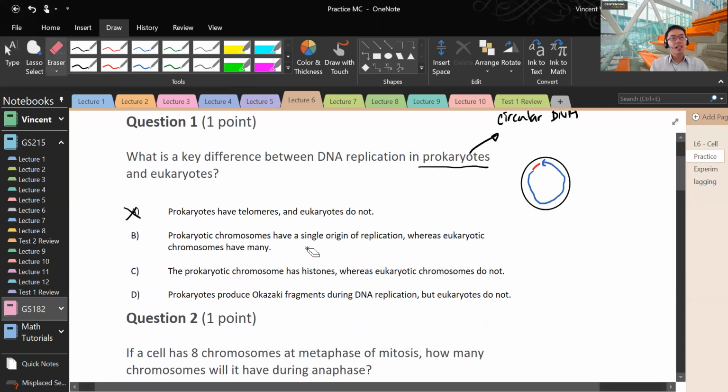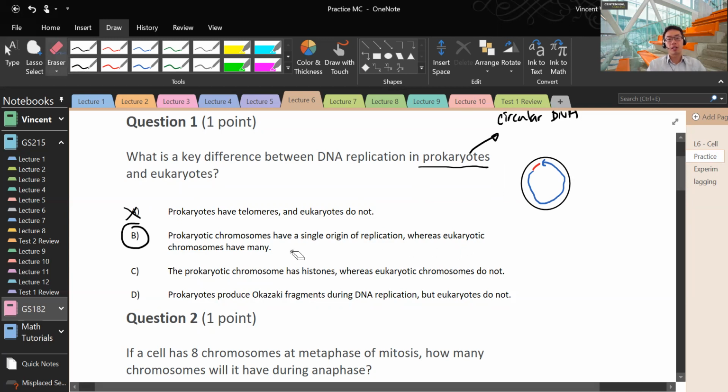Prokaryotic chromosomes have a single origin of replication, whereas eukaryotic chromosomes have many. That's actually correct, because prokaryotic chromosomes are much shorter compared to eukaryotic ones. Just one replication bubble is sufficient to replicate relatively quickly. Bacteria, under optimal conditions, can divide every 20 minutes.